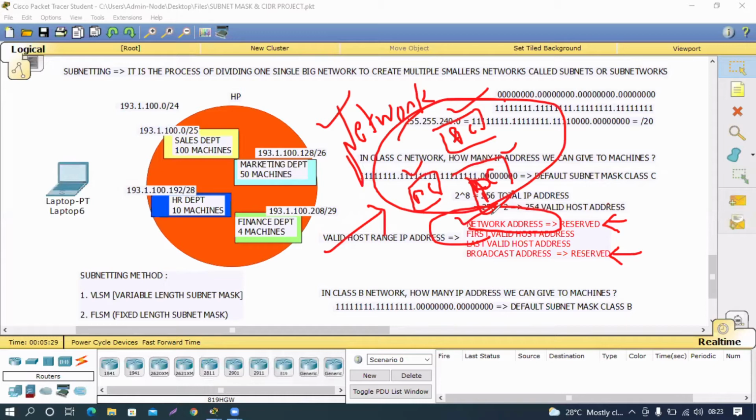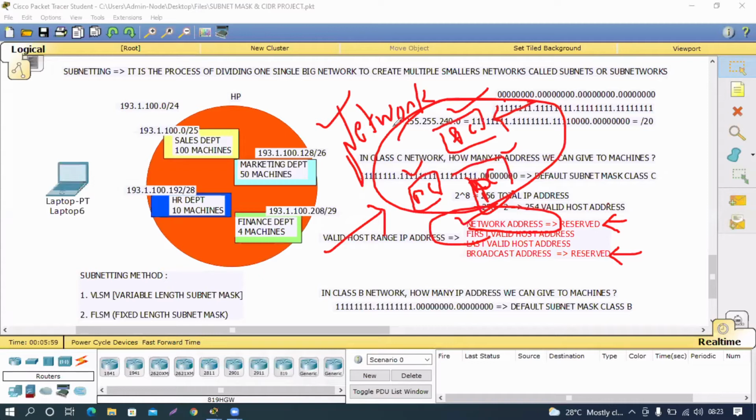This network address cannot be given to a single machine. For example, if I give the network address to this machine, it cannot take the network identity as its own. A network address cannot be assigned to a particular machine because it is the identity of all machines.